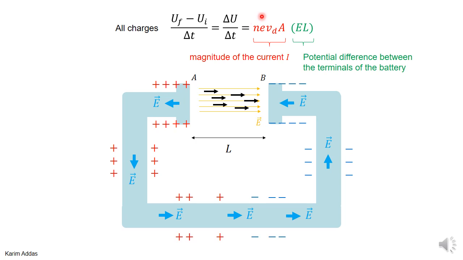This is n times the charge times the drift speed. This is J, and times the area, that gives you the current. This is just the magnitude of the current as a positive number. And this term, the electric field times the total distance, is just the potential difference between the terminals of the battery. And all these are positive numbers.